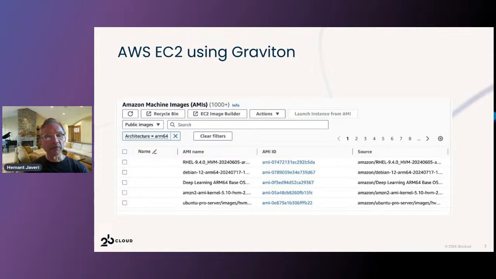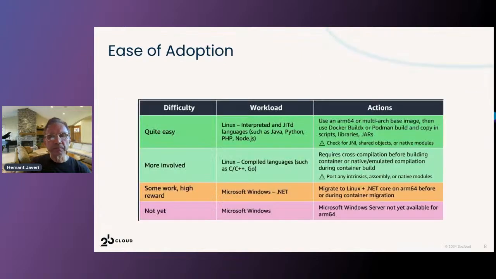For example, if you have a WordPress application on EC2, it's easy to move to the Graviton processor and save on cost. This is a scale of ease of adoption.